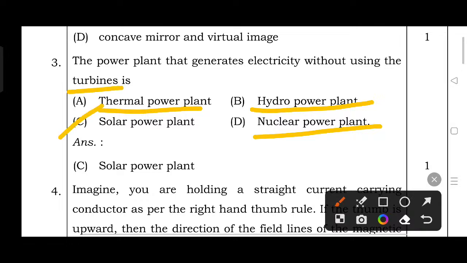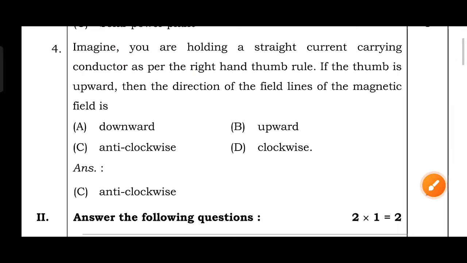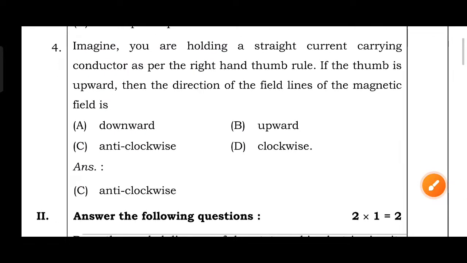But a solar power plant does not generate electricity with turbines. It generates electricity with the help of solar cells or solar panels. They convert light energy into electric energy. That's why option C, solar power plant. Option C, right answer.